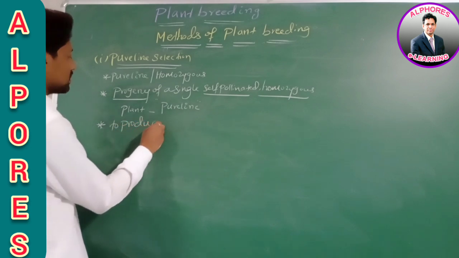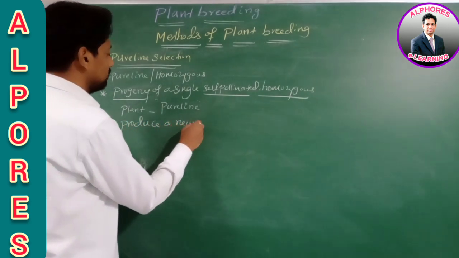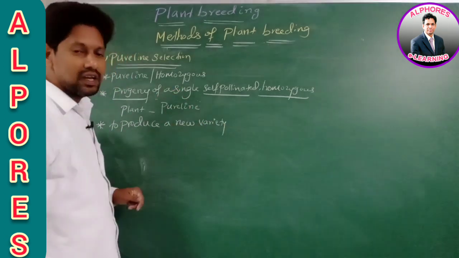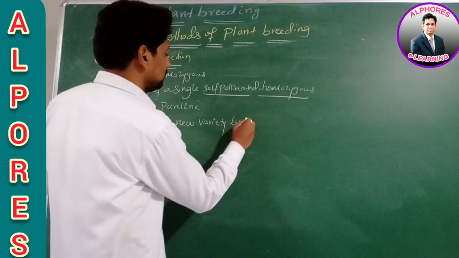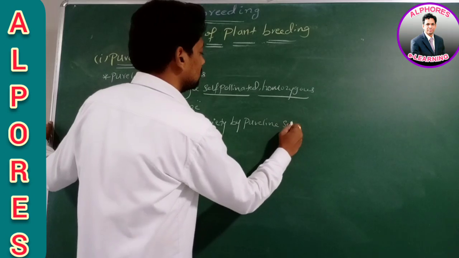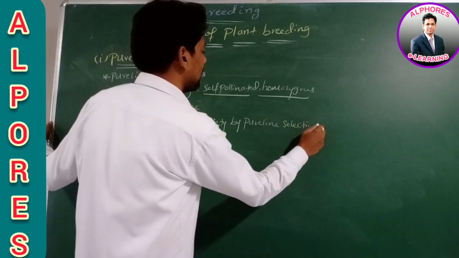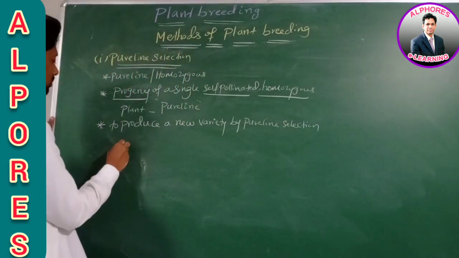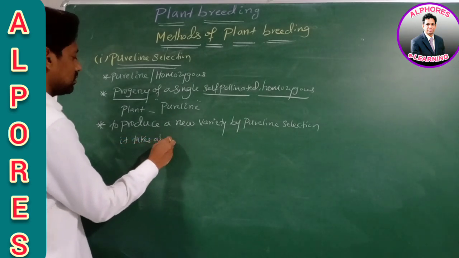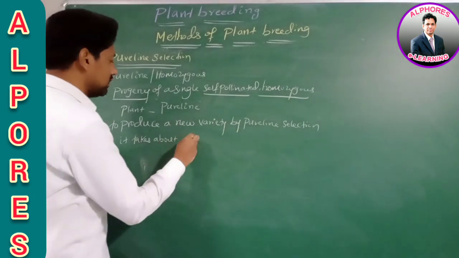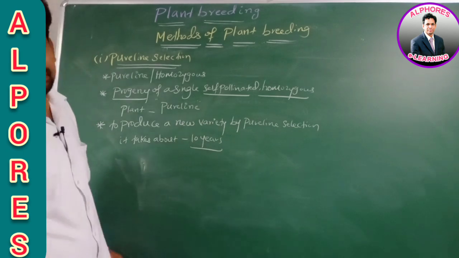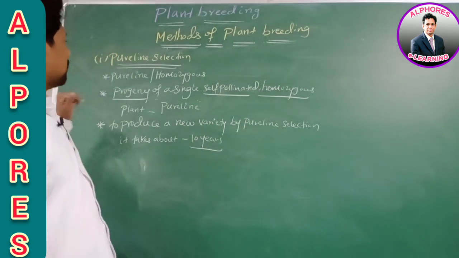To produce a new variety by pure line selection, it takes about 10 years of time. Is it okay? Right.